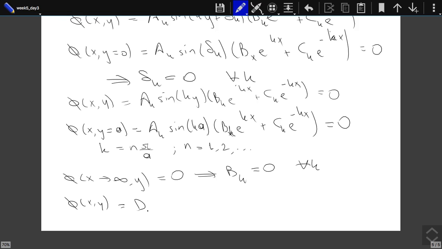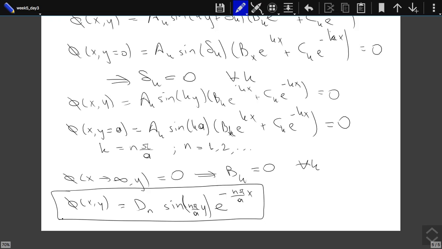For each value of n, I might have a different value d_n, sine of n pi over a y, times e to the power minus n pi over a x. Whatever the value of n you choose, of course there have to be some positive integers.